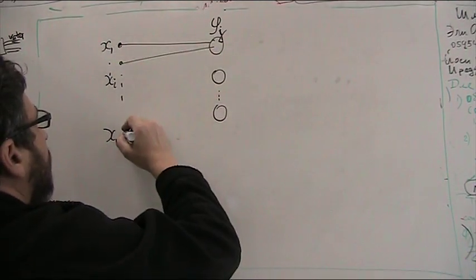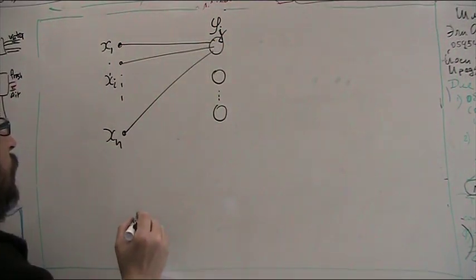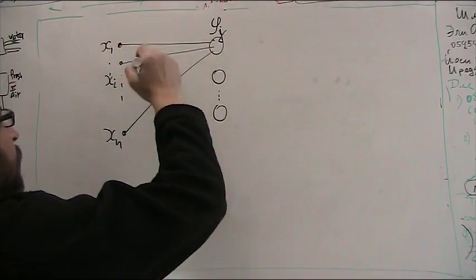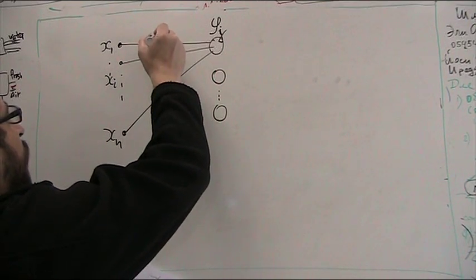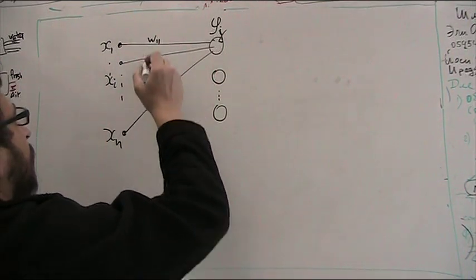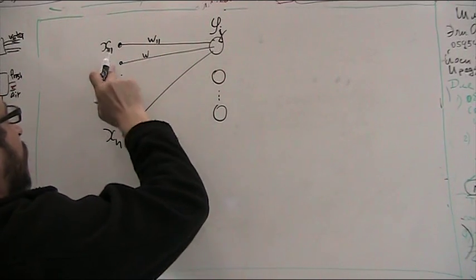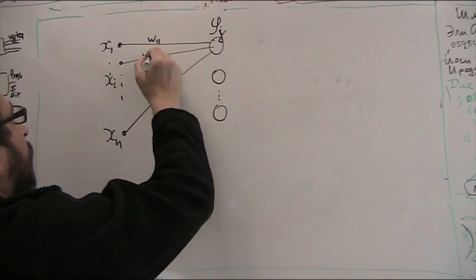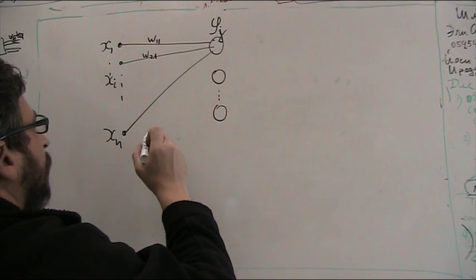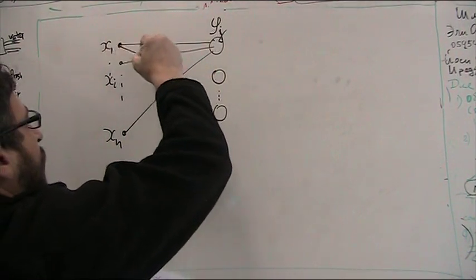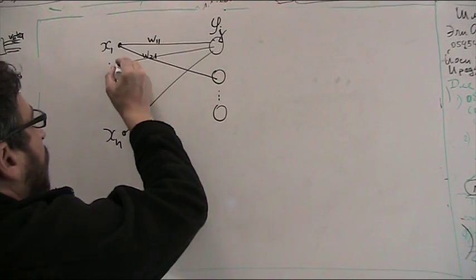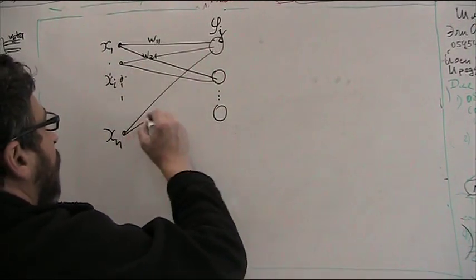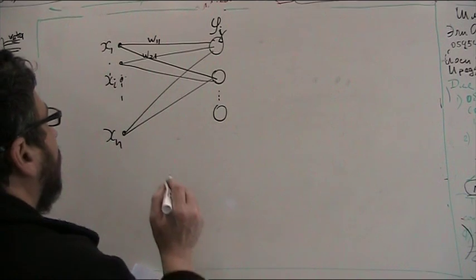But for example, all our x is connected to the first neuron with some weights. Say this is w11 and this is w21, and so on. And for example, also every input is connected to the second neuron.